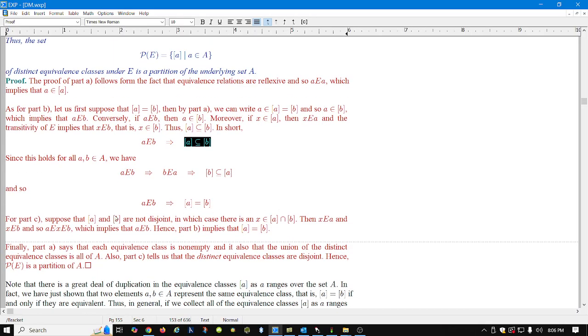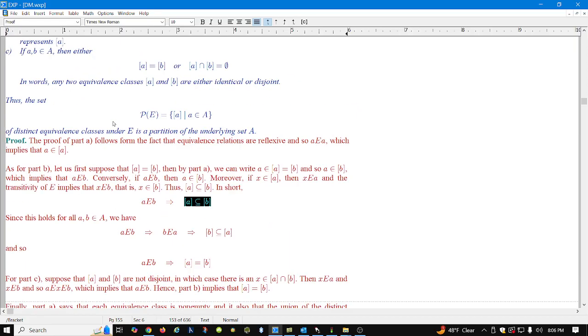For part C, if two equivalence classes are not disjoint, they have an element X in common.